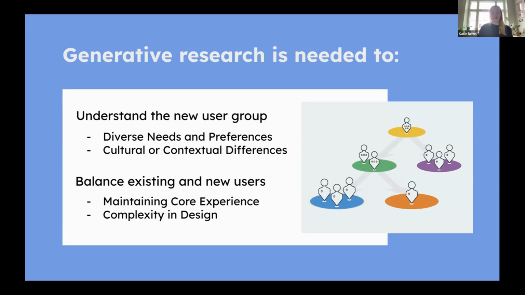Don't forget about their needs, and really understand how adding complexity to this system, or to the design of the system more specifically, balances the new and the old. This is also something you really need to think about, and it does require a more generative research approach.